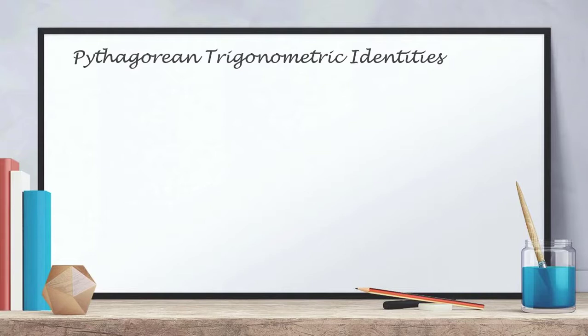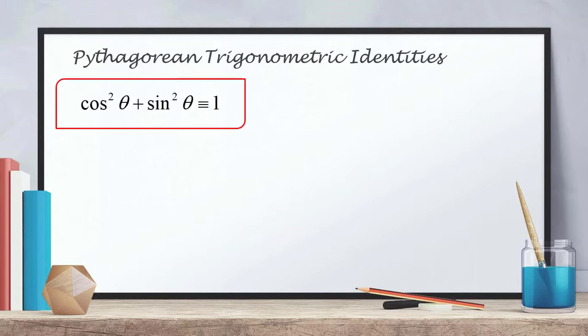Today we're going to progress with the study of trigonometric identities, and today we are looking at the Pythagorean trigonometric identity, the first one being cos squared theta plus sine squared theta being identical to 1.